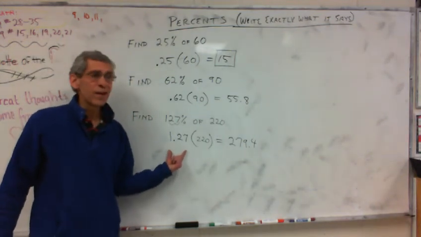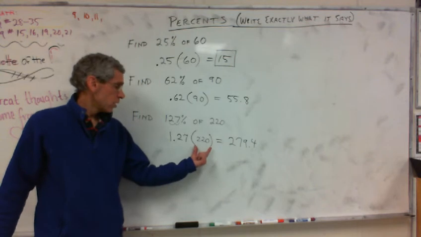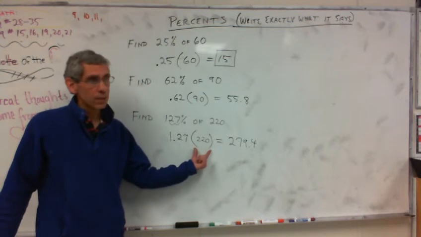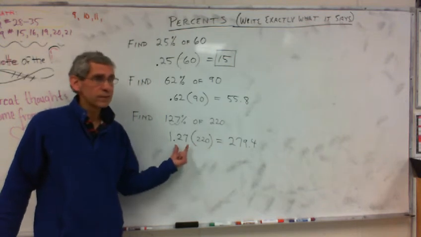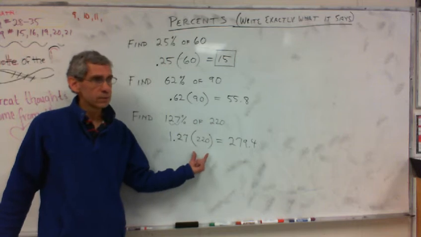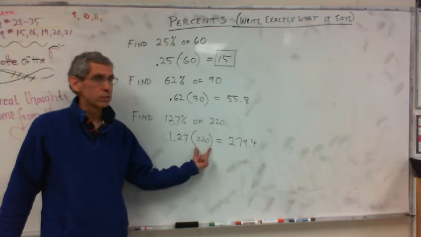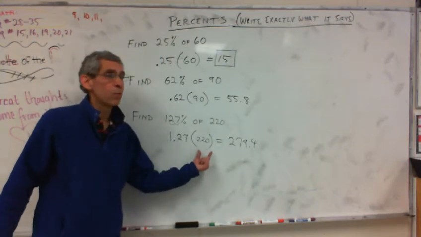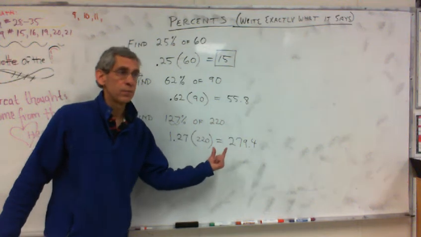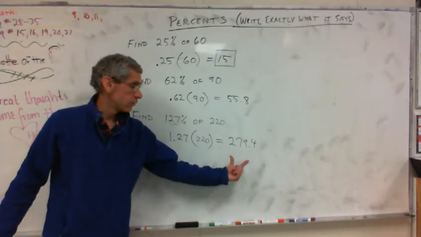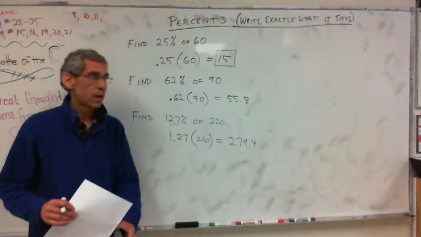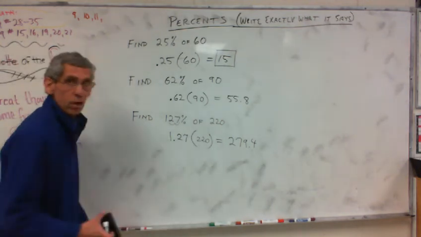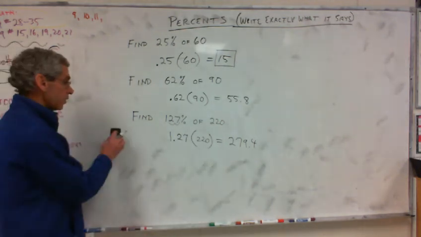This is more than 100%, which means it's going to be bigger than this number. It's this number plus 27% more. Does that make sense? It's going to be 100% of 220, plus 27% more of 220, which turns out to be 279.4. Okay? You're all okay with this one? All right, so now let's move on.